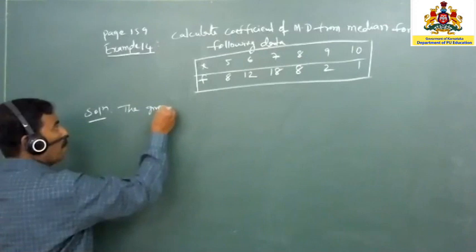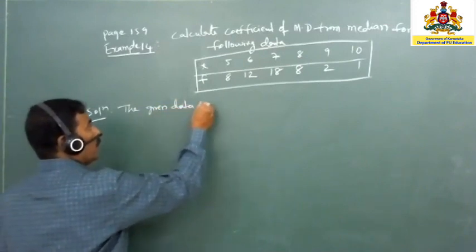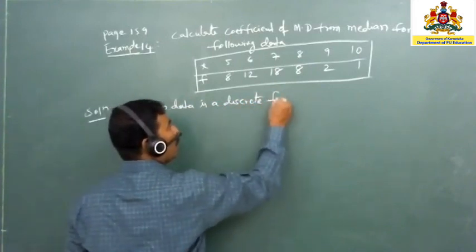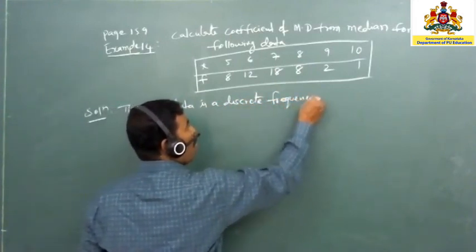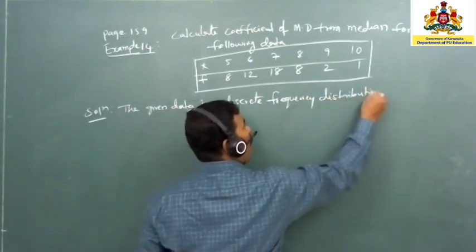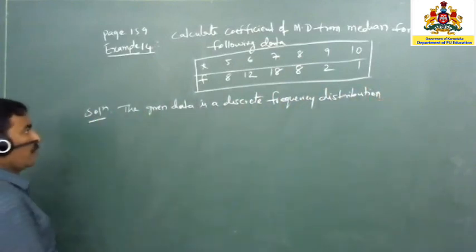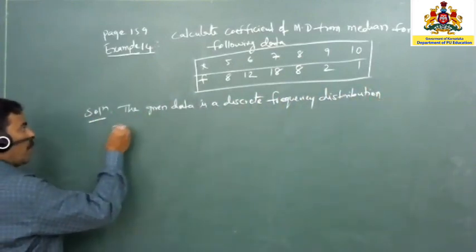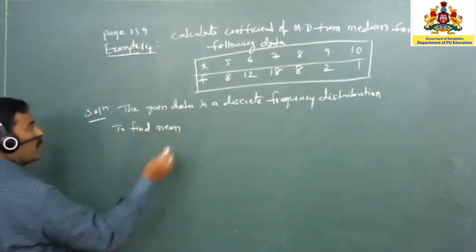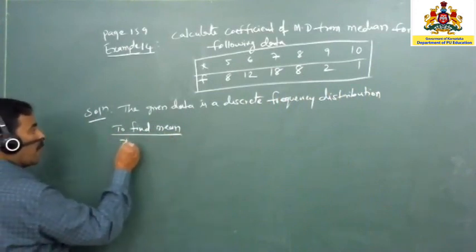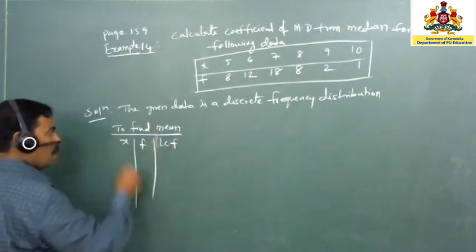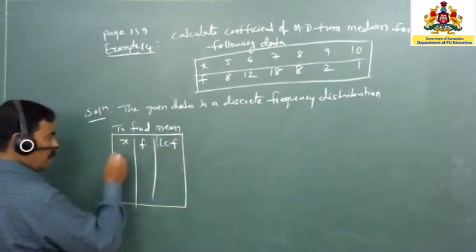The given data is a discrete frequency distribution. To find the median, first you should frame the table X, F, LCF. You can complete in one table or two tables.